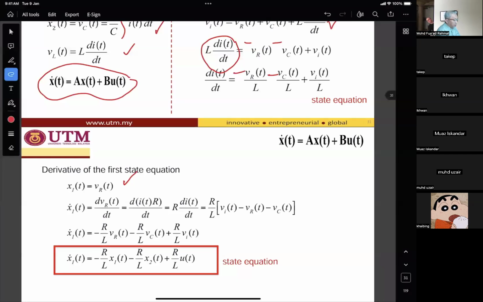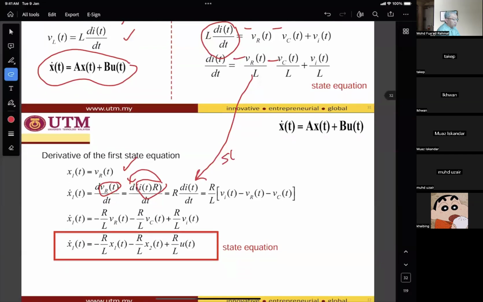And VR is equal to IR. So R is constant. We bring R to the front and leave behind di over dt. But di over dt is from here. So you replace di dt from our derivation just now in slide 31. Insert inside, so you get R over L, Vi minus VR minus VC.